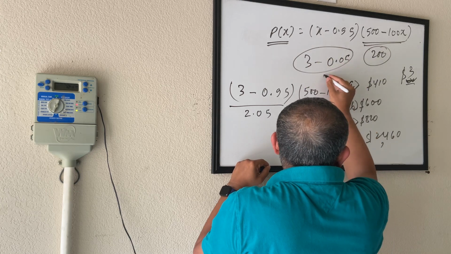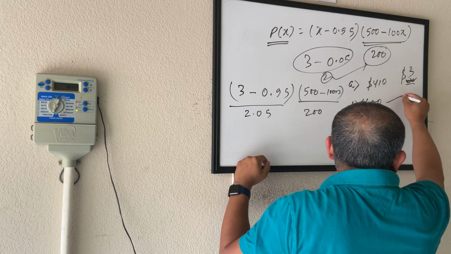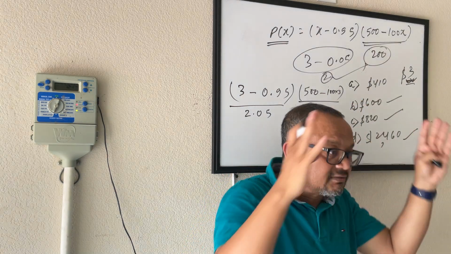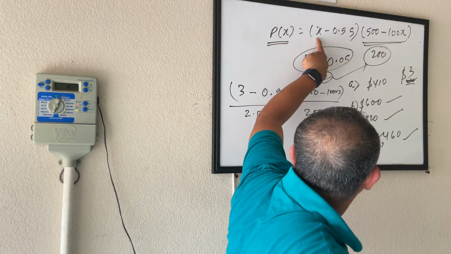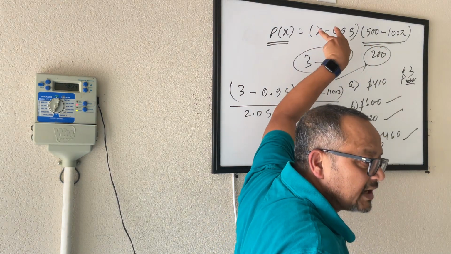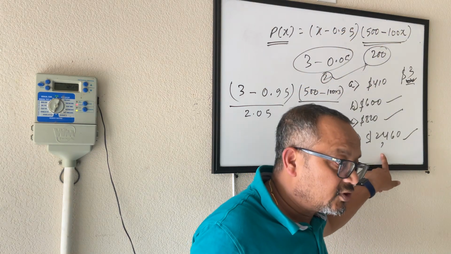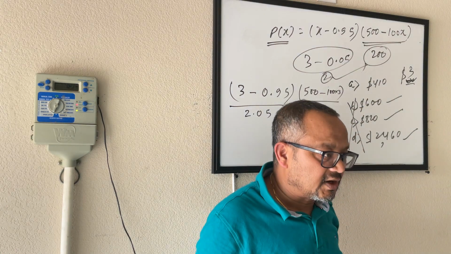This is going to be very close to 2. 2 times 200 can never give you 300, 600, never give you 820. So you can do that calculation in your mind. When I put a 3 here, this is 200, and 3 minus almost 1, so like 2. 2 into 200 is never going to give me 600, 800 or 2400. So you will immediately strike it off. This is one way of looking at it.